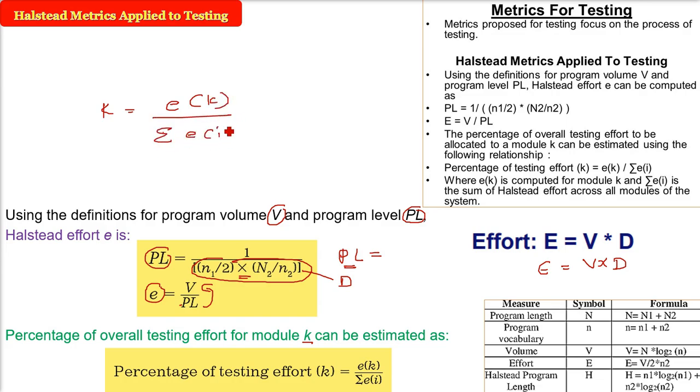The numerator is computed for module k, and the denominator, sigma Ei, is the sum of Halstead effort across all modules of the system. How many modules? 10 modules. So you have to do sigma 1 to 10. And the numerator is for the module which we are talking about. So this is the percentage of testing effort.